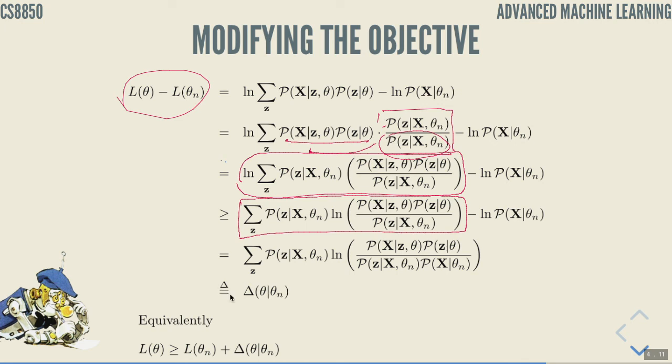And define this quantity as some delta. Then we have the log likelihood of theta minus the log likelihood of theta at the point n greater than or equal to this quantity that we just derived.